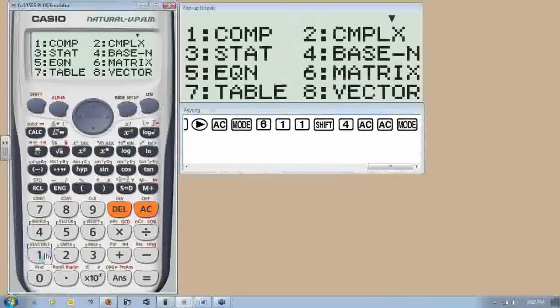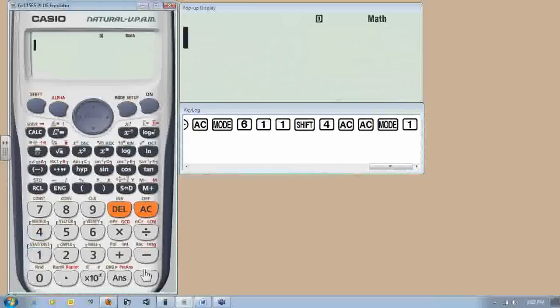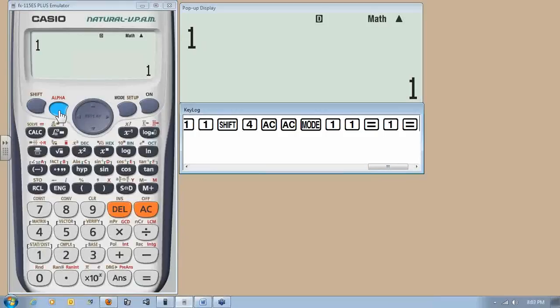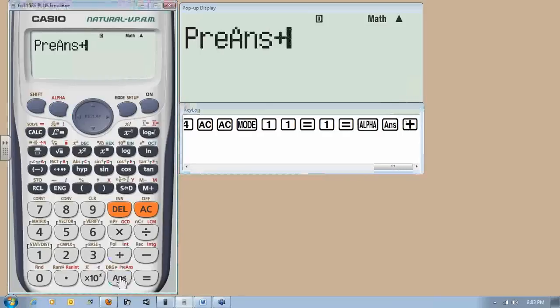One thing that I find really kind of neat about this calculator, besides all the other things, is it's got a previous answer key. This is something I was not able to do before. I press 1 equals, 1 equals. Now let's generate the Fibonacci sequence. I will press alpha, previous answer, plus the answer.